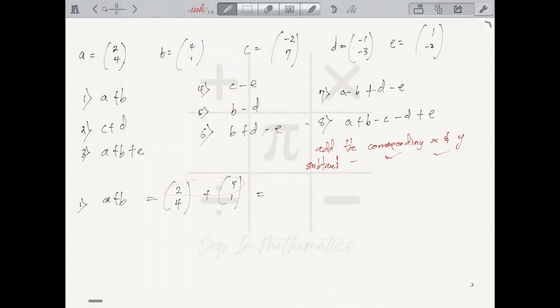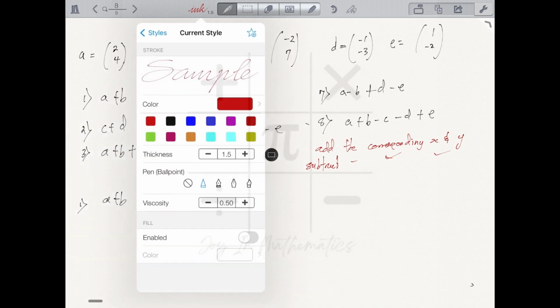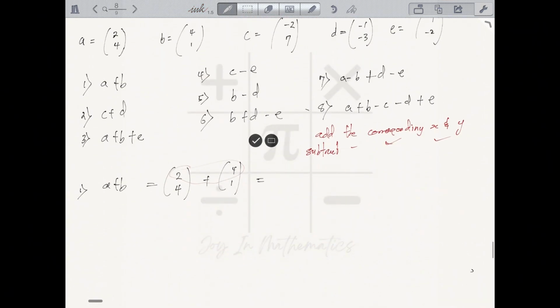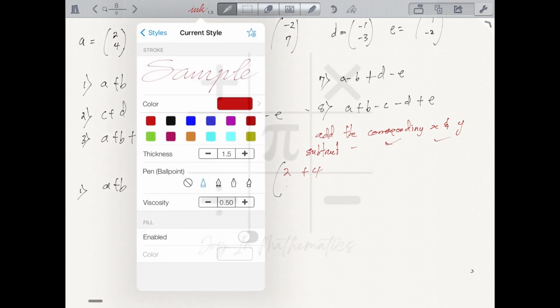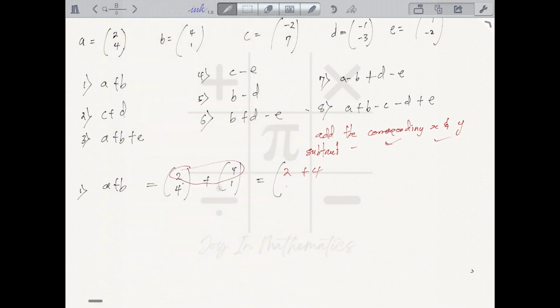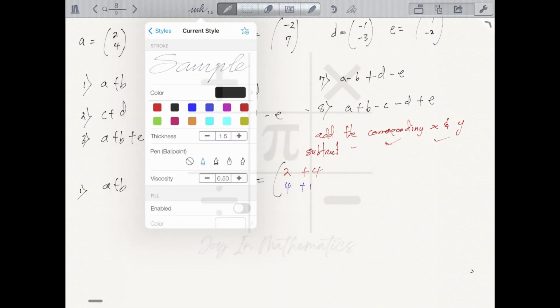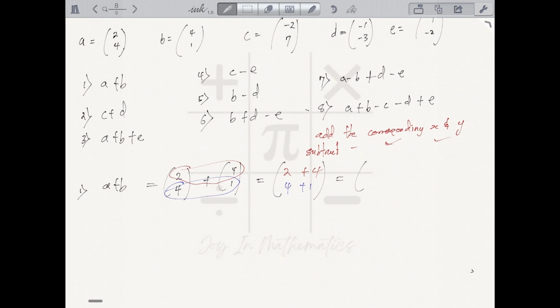We can notice that the operation sign between them is addition. So that will give us 2 plus 4, and for the y values, 4 plus 1. Resolving this, we'll have 6 and 5.